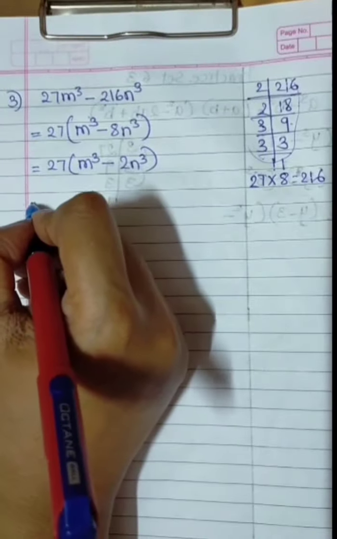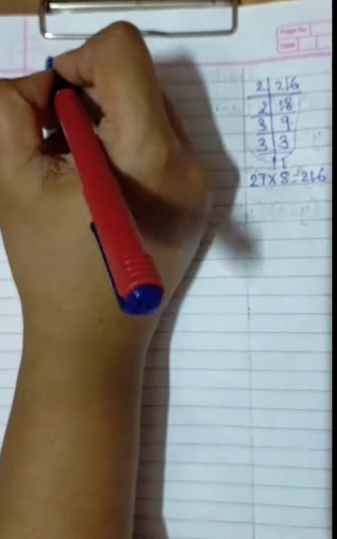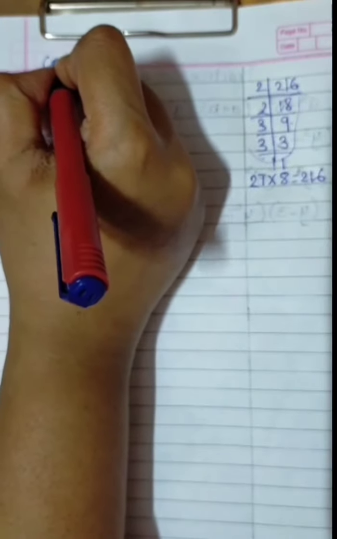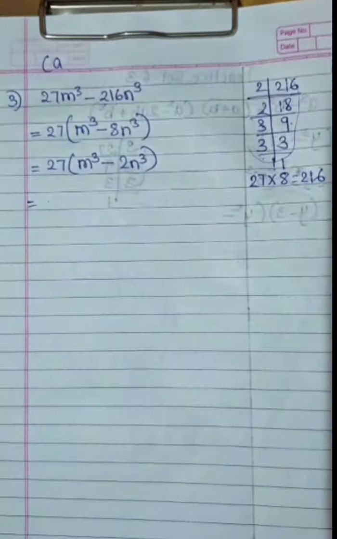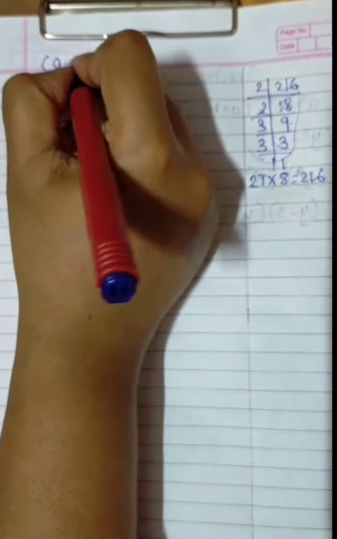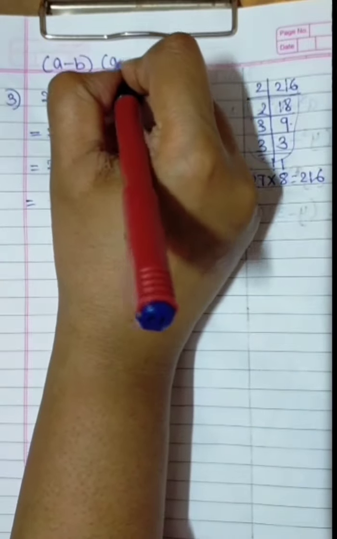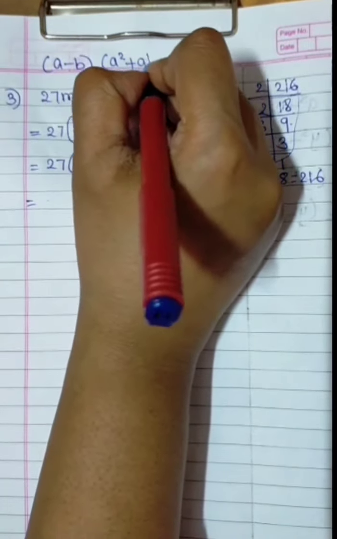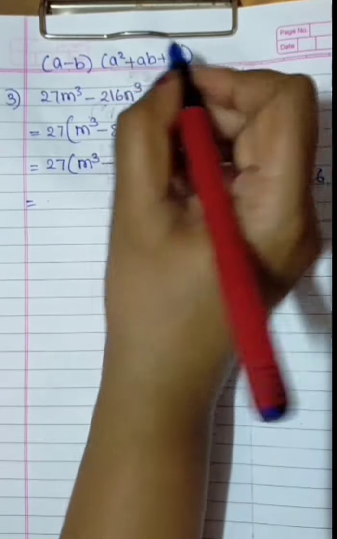Okay, now we are going to use the formula, that is a minus b, a square plus ab plus b square.